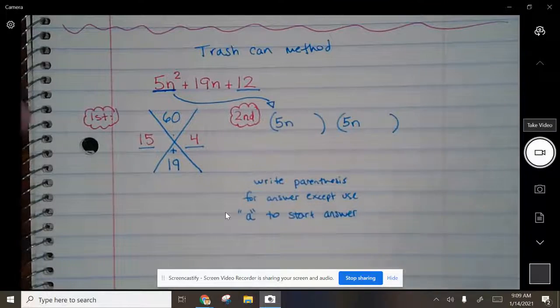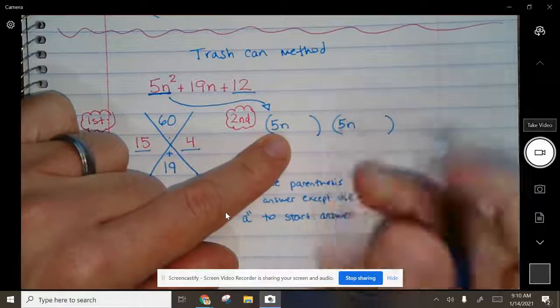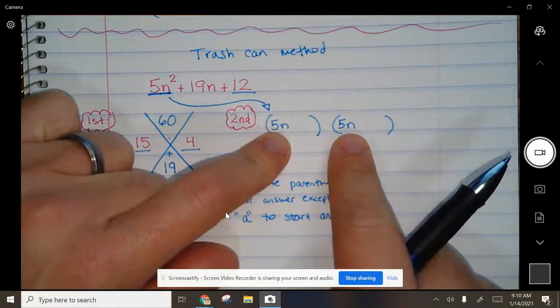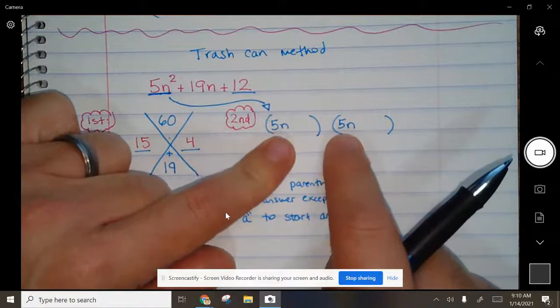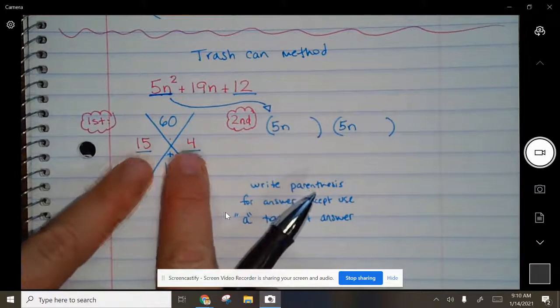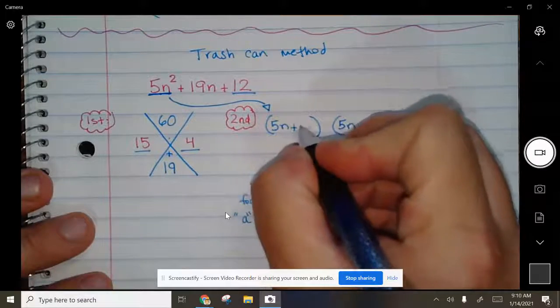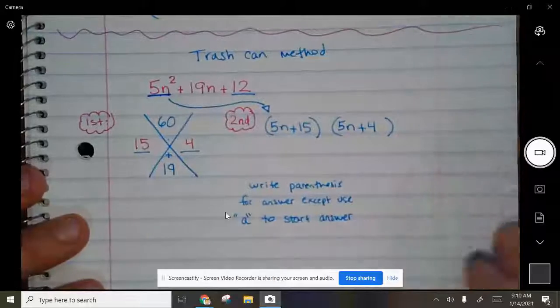Again, write your answer with this 5n. They both have to start with 5n here. This method seems a little different, a little weird, but just know it works. So 5n and 5n, and then you use these two factors. We're eventually going to call them roots, and just put those as your answer. Okay? So that's your final answer, right?